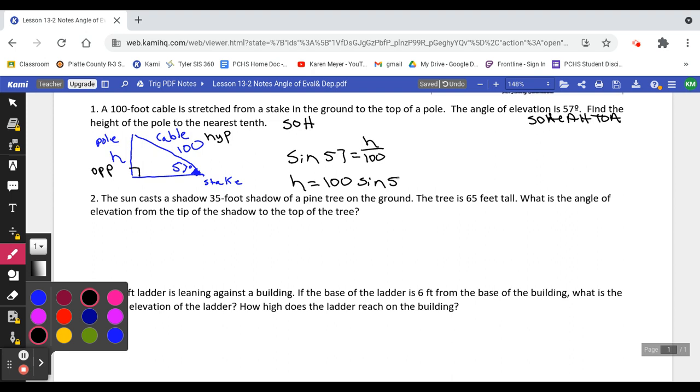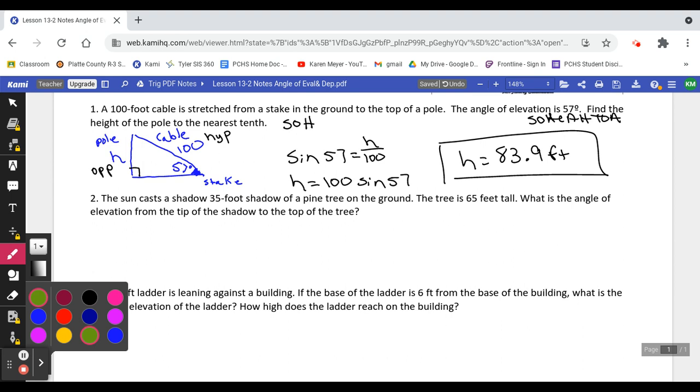So H equals 100 sine of 57. Now use your calculator: type in 100, hit the sine button, 57, and you should come up with 83.9 if I round to the tenths. Then label it: we are talking about a 100-foot cable, so the label is feet. And we're done.